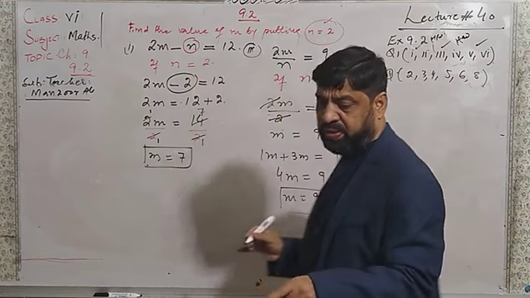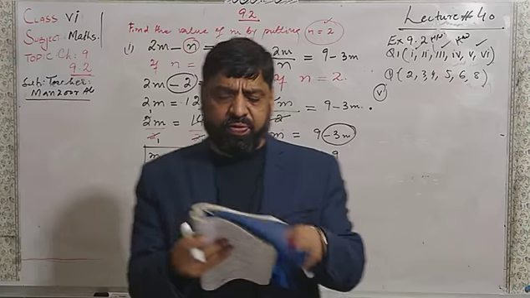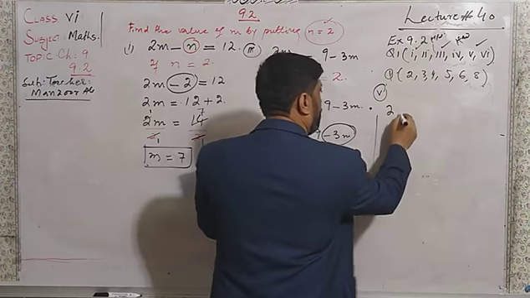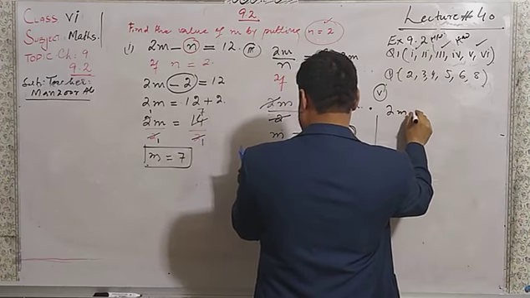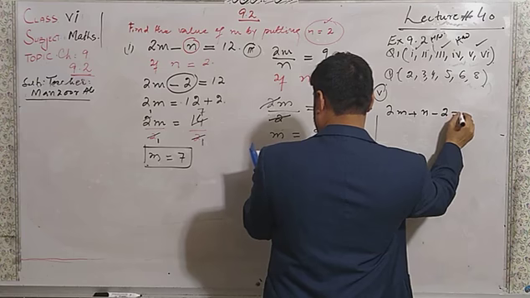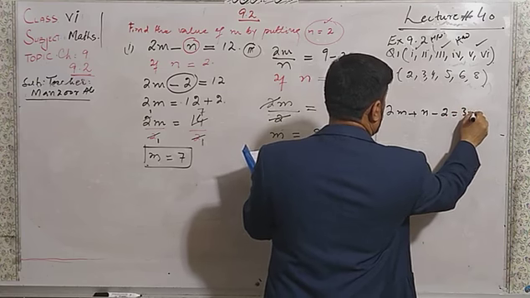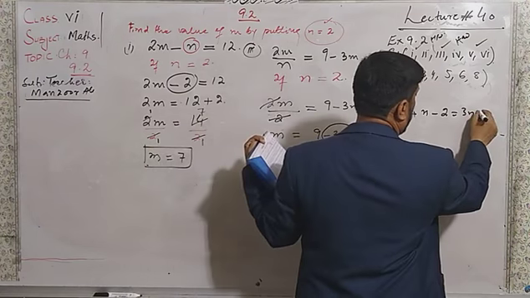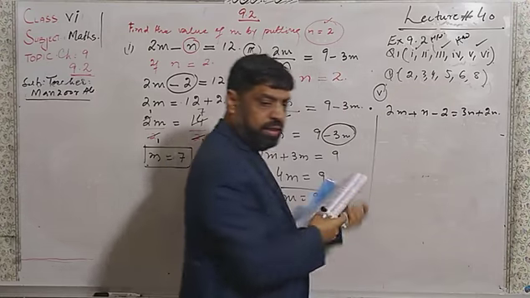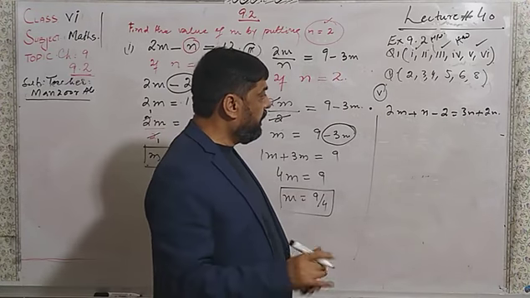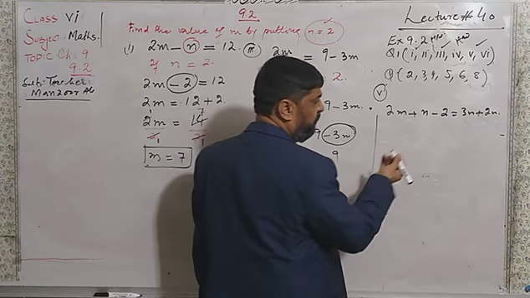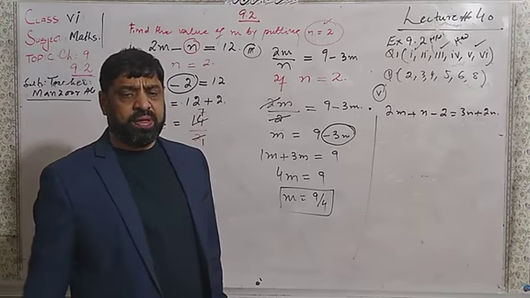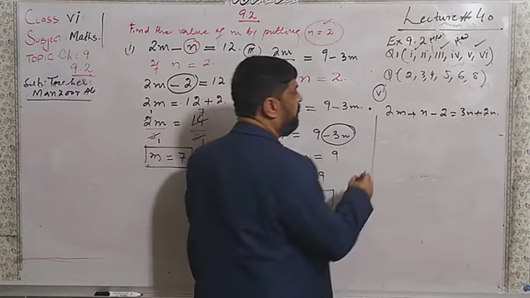Number 5 is given here: 2m plus n minus 2 is equal to 3n plus 2n. Now, if you want, you can write the statement in the standard form, that is also okay.